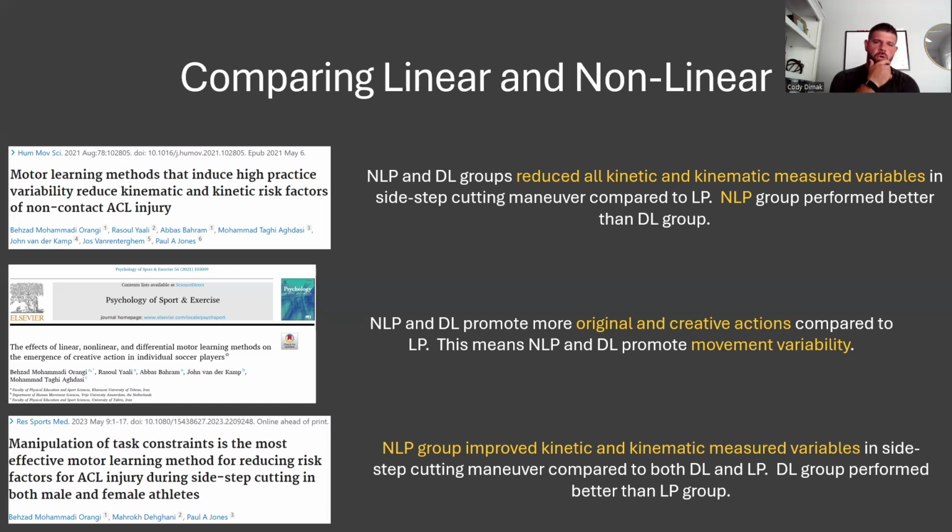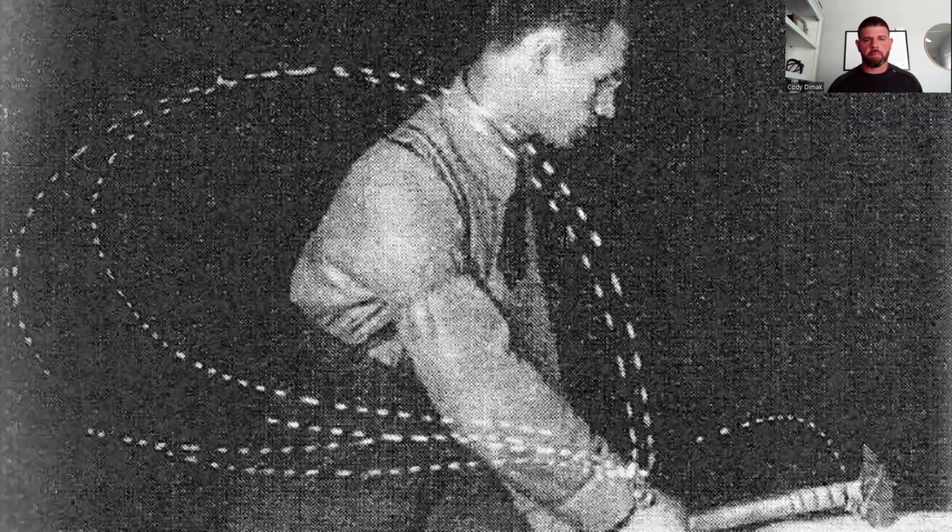This nonlinear approach makes individuals start to utilize other strategies. They're more creative. So for soft tissues that are at risk for injury, in particular female ACLs, you start to see a reduction in those negative forces. I'm not going to go into the forces here, but if you want to talk about them later, just reach out to me by email. So, more proof here of why we don't need to be repeatable with our techniques.